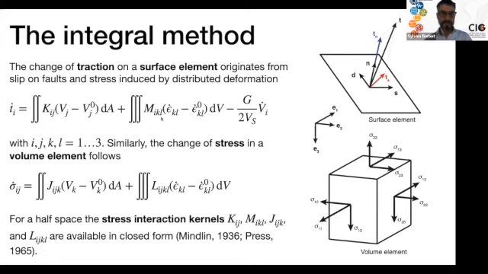So there is a surface integral and a volume integral. And the good news is that these stress interaction kernels that multiply velocity or strain rate are readily available in closed form for a half space. These are in fact elastic kernels for point sources. So we can, in principle, conduct these calculations readily.